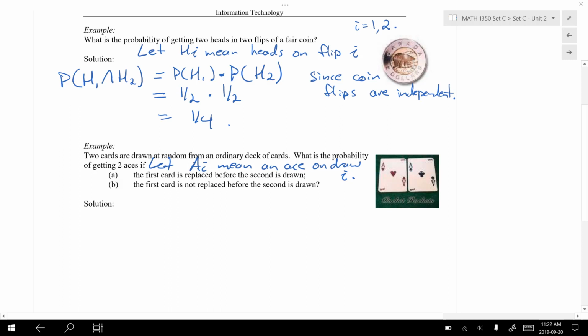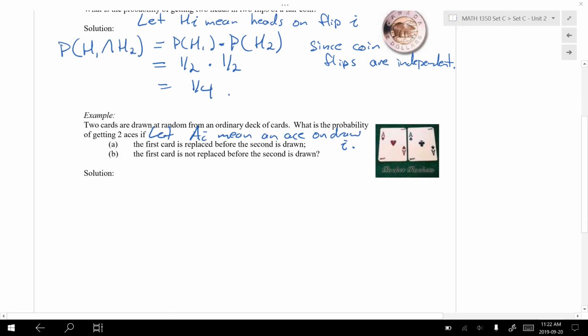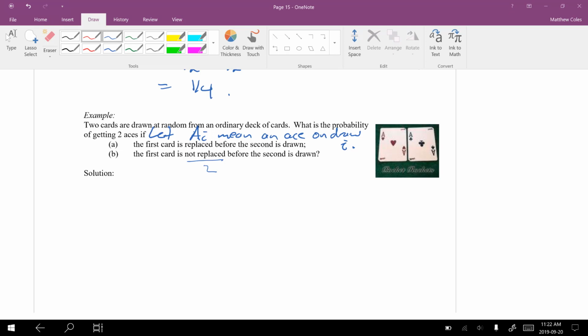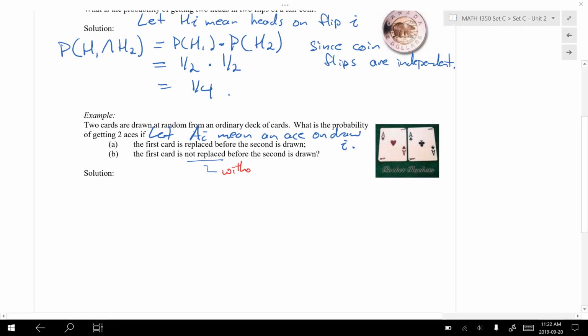Now there are two different ways we can play this game. We can imagine replacing the first card before the second is drawn, shuffling up the deck, and drawing a new card. Or we could not replace, which is without replacement. We draw from the deck once, and then continue using the same deck, drawing another card without putting back our first card, because we'd like to have two.